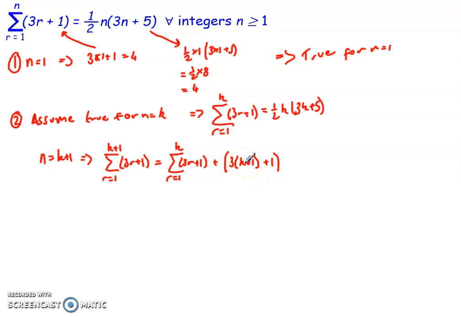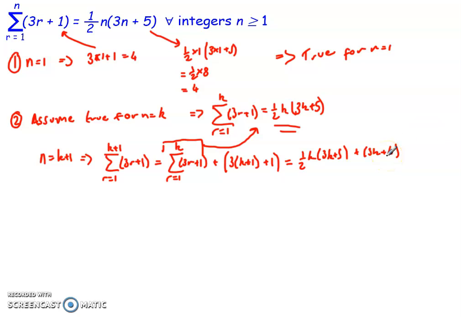Now the reason I've split it up like that is that I know that this section here is given by this, because that's my assumption that it's true for n equal to k coming into play for this one. So I can substitute this here in for that. So I know then that's the equivalent of a half k bracket 3k plus 5 plus this second bracket here, which gives me 3k plus 4.